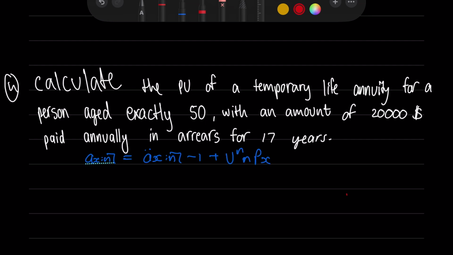Okay, so let's get into the question. A50, right, because this is what we want to calculate, and then we'll do the present value at the bottom. That is equal to in advance payments for a 50-year-old term of 17 years minus 1 plus discounting of 17, and that's going to be 17p50.